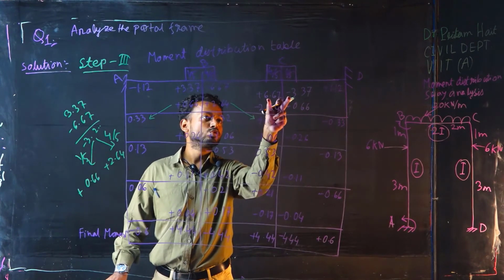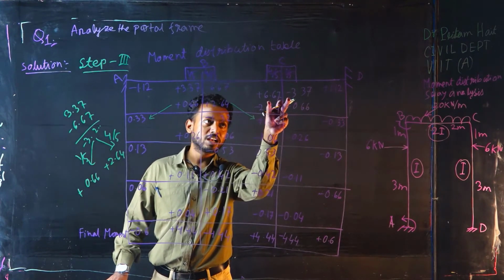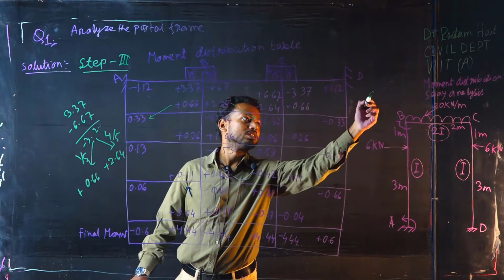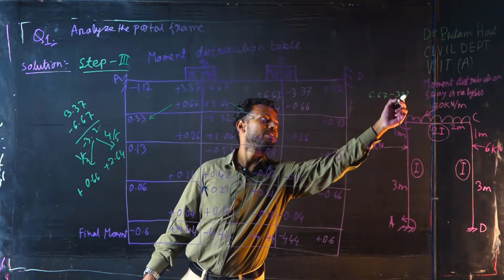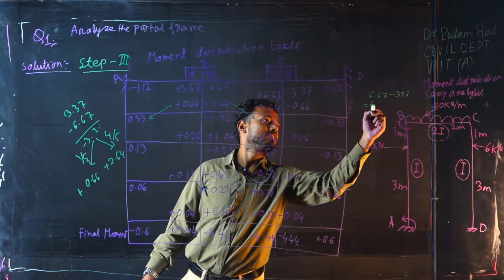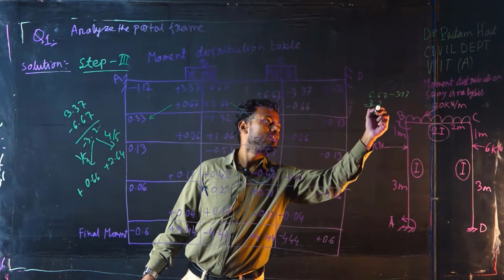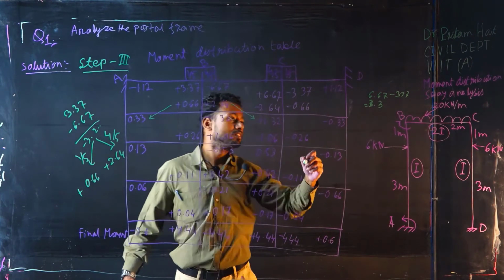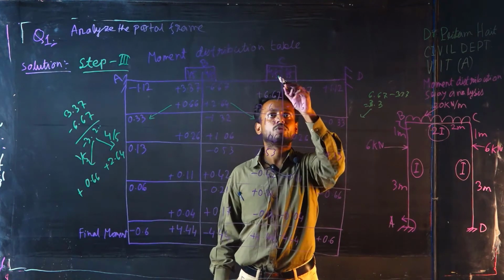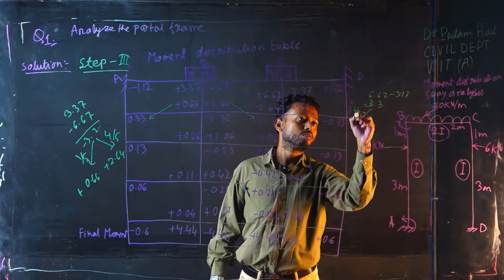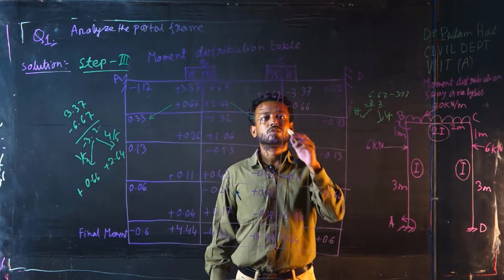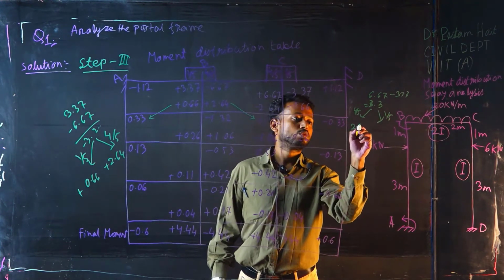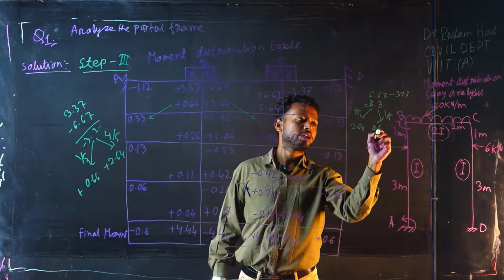Next you add these two moments, whatever you will get. Suppose 6.67 minus 3.37, you are getting 3.3. Okay, so you multiply this with 4/5, multiply this with 1/5, you will get 2.64, 0.66.